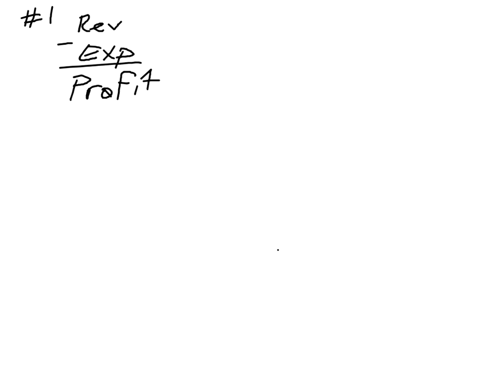All right, so what do we have to do here? We have to calculate our profit. So to calculate our profit, we have to figure out what our revenue is and what our expenses are, and then we can figure out what our operating profit is. So our revenue, the question tells us that the way we make revenue is we invest our deposits into something that gives us 5.2% annually. So all we have to do is take our total deposits, which the question tells us is 375 million in deposits.